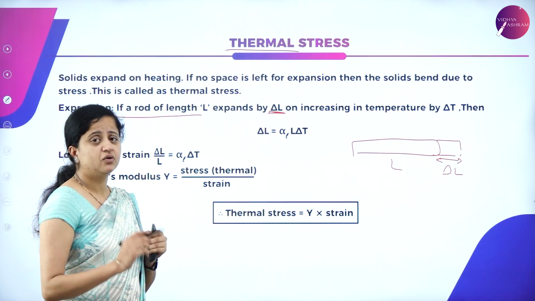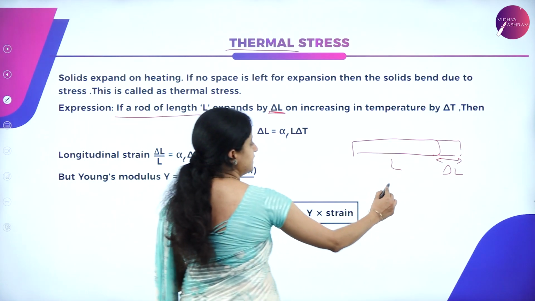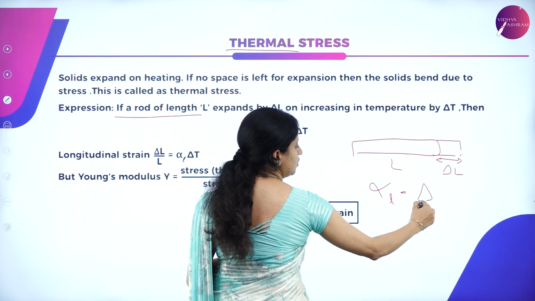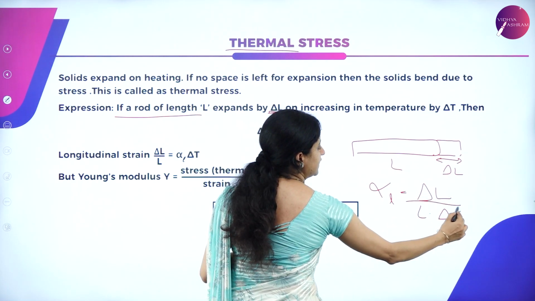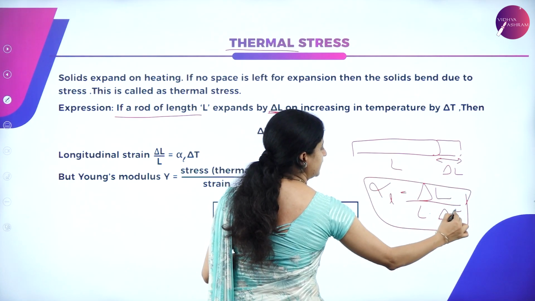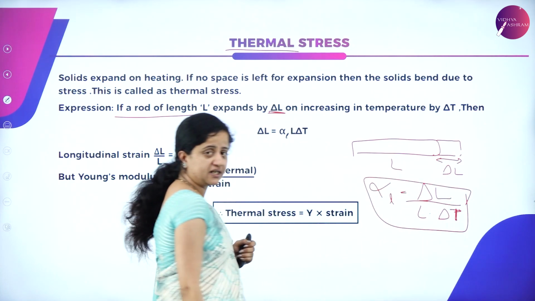So now from coefficient of linear expansion, that is alpha L is equal to, as we all know, change in length per unit length per degree raise in temperature is nothing but the coefficient of linear expansion.